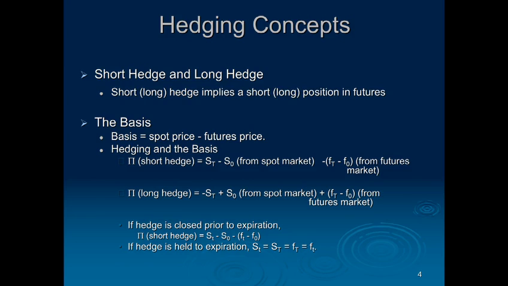It means not only have you gone short on the futures contract, but you've taken a corresponding opposite position in the spot. So if I've gone short on futures, I go long on the spot. If I've developed a long futures hedge, it implies that I've gone long on the futures, short on the spot.